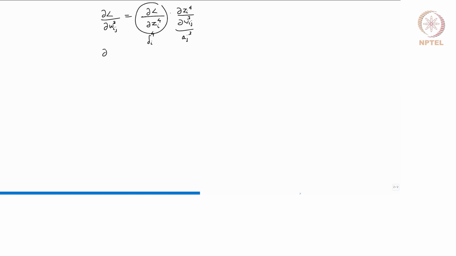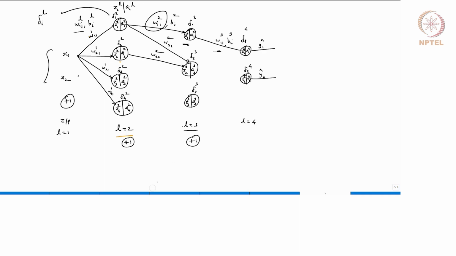Then let's look at ∂L by ∂Wij2. Again, you just have to follow whatever we did just now.